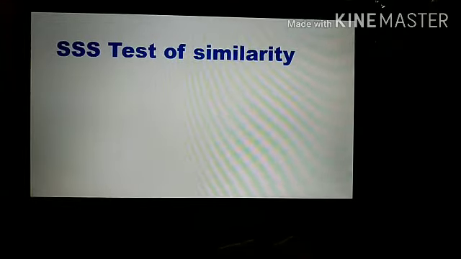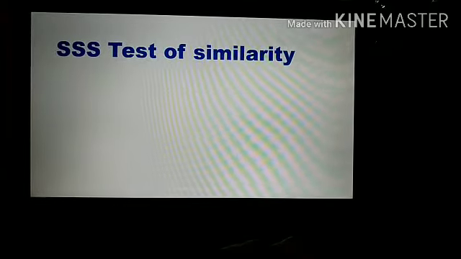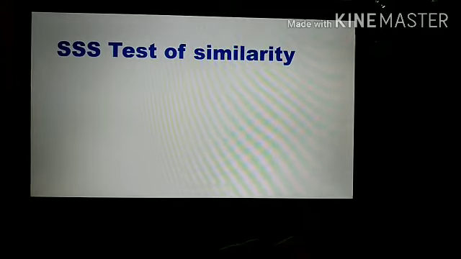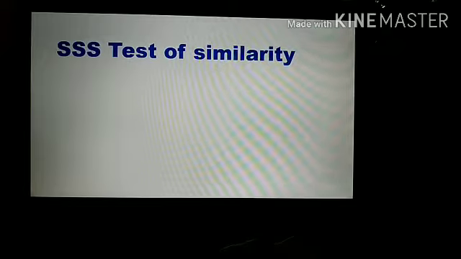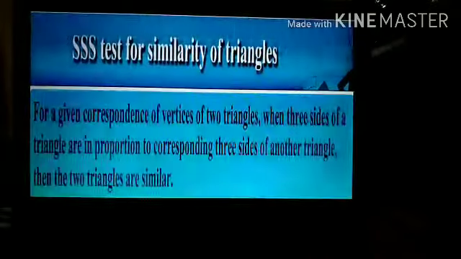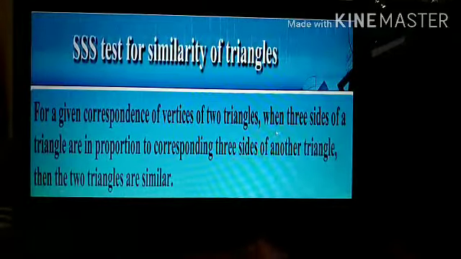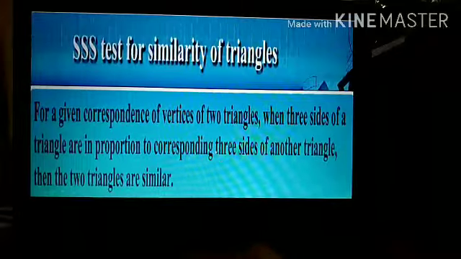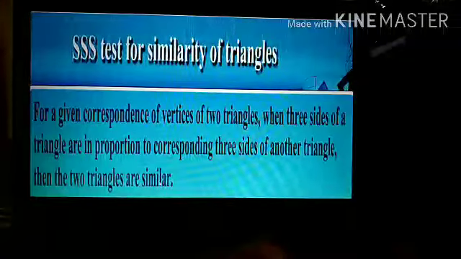Therefore, if we prove that the given sides of the two triangles are proportional, then we can say that both the triangles are similar by SSS test of similarity. For a given correspondence of vertices of two triangles, when three sides of a triangle are proportional to the corresponding three sides of another triangle, then the two triangles are similar.